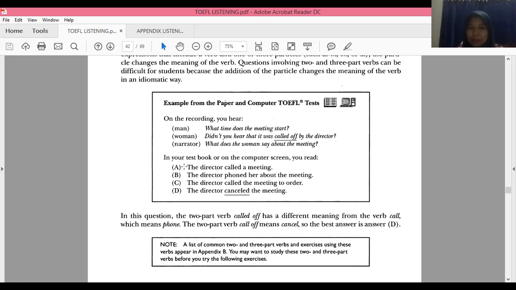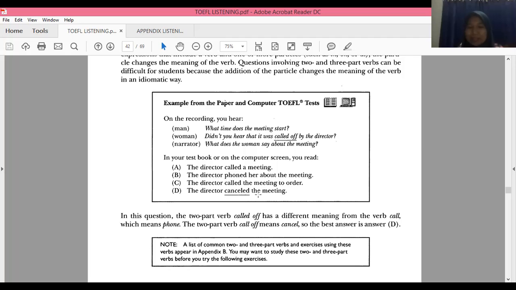There are three other answers here: the director called the meeting, the director phoned her about the meeting, the director called the meeting to order. Meanwhile, this verb mixed with preposition is called off. Bukan cuma call aja. So, the new meaning from called plus off is cancelled. The answer is the director canceled the meeting.